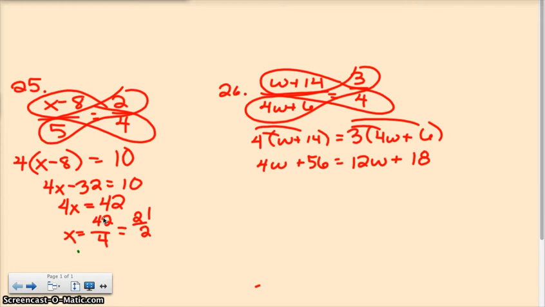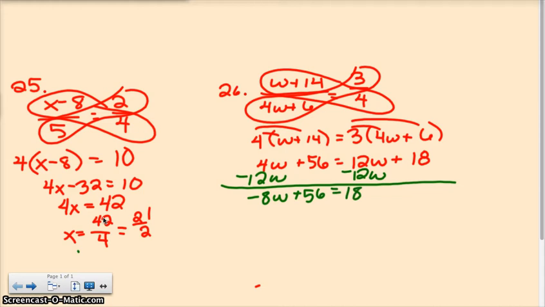Get the variable to one side. I'm going to subtract 12w. 4 minus 12, I'm at negative 8w, plus 56 is equal to 18. Take away 56.